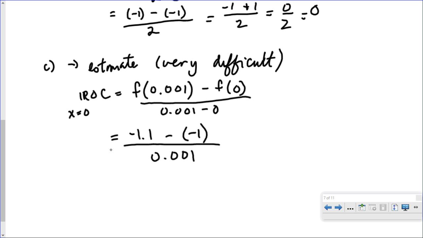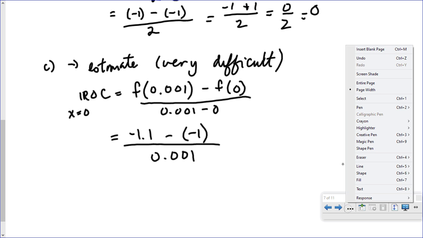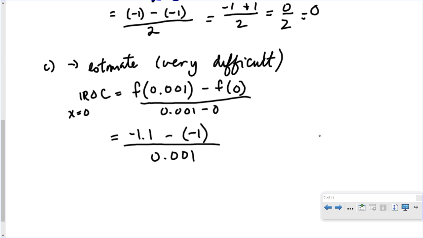This starts to fall apart here simply because I said it was an estimate, and this is just a guess. I just read that value from my graph. I had no idea. I don't have a function to verify that value. I'm going to continue with this calculation though. So negative 1.1 plus 1 would be negative 0.1 divided by 0.001 here.